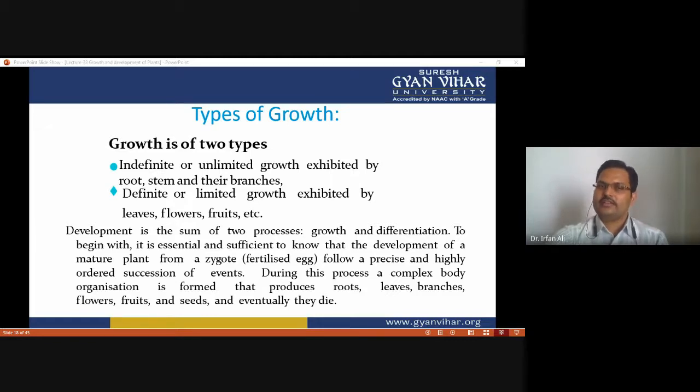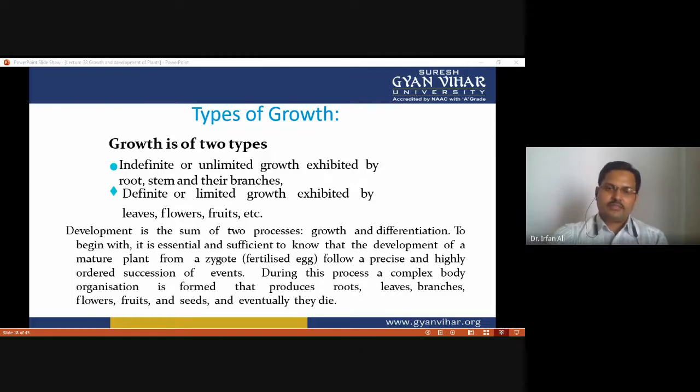Okay, so on that basis there are two kinds of growth: indefinite growth and definite growth. And you know that development is a sum of two processes: growth and differentiation. To begin with, it is essential and sufficient to know that development of a mature plant from a fertilized egg follows a precise and highly ordered succession of events.